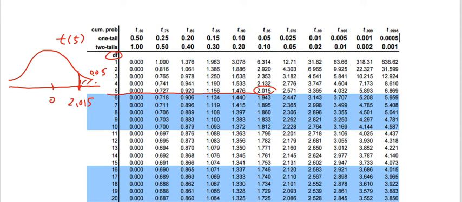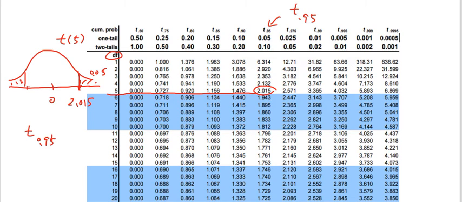So we denote this number as T, 0.95, right? So this is the T cutoff point for 0.95. Okay, so this is 1 tail 0.05. Then if we check the 2 tail, so 2 tails 10%.